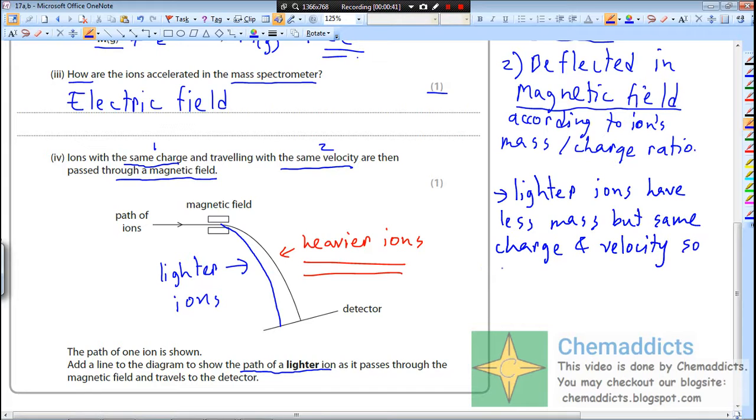So it will deflect more. Since the lighter ion has less mass but the same charge as well as the same velocity, it will deflect more in the magnetic field.